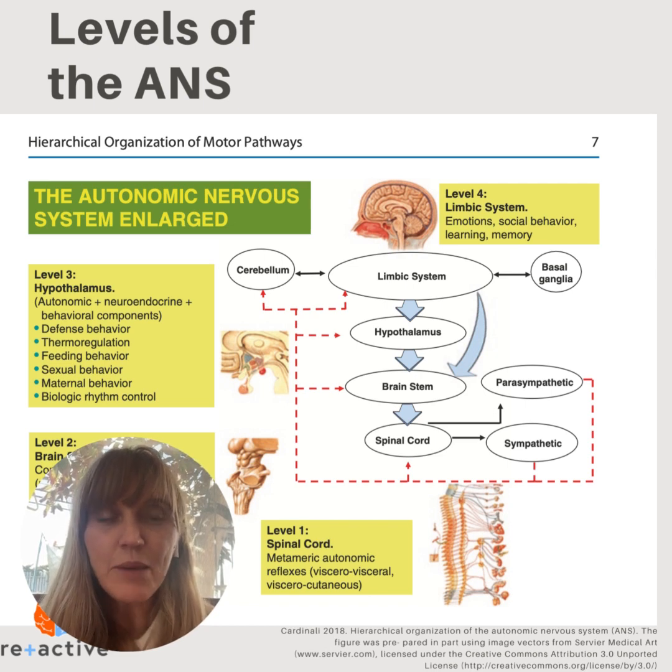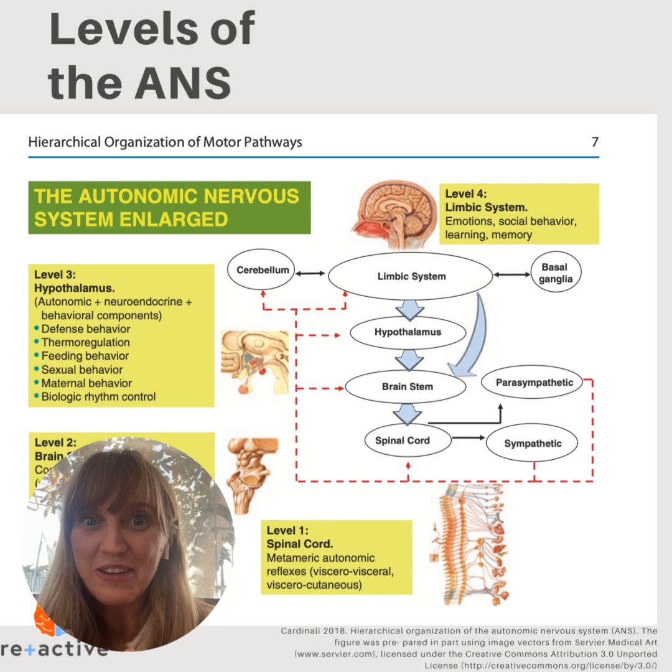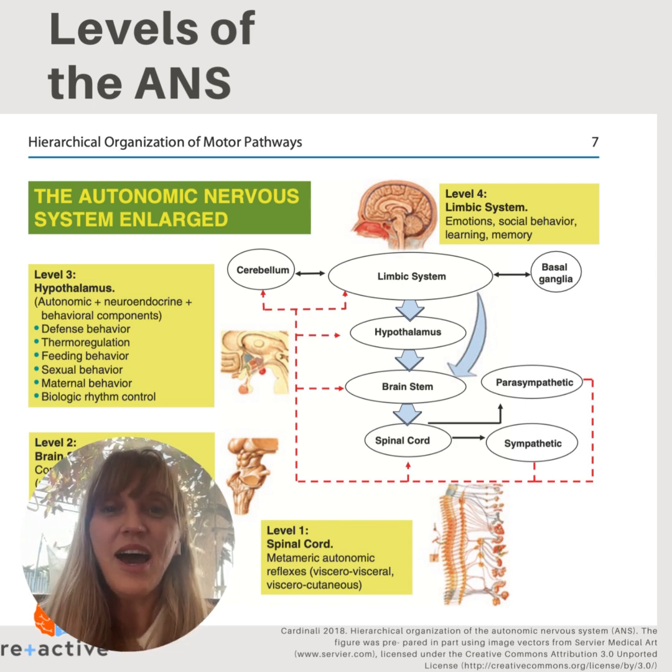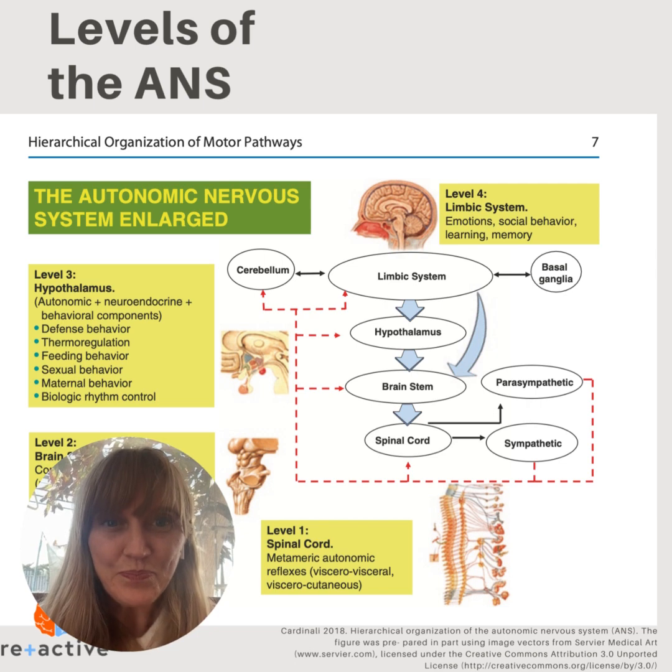In the hypothalamus a lot of those pieces are organized, including defensive behaviors and thermoregulation, so if we get too hot or too cold, feeding, even some of our hunger sensations, sexual behavior, maternal behaviors, which we know are often hormonally related, and even our biological rhythms.